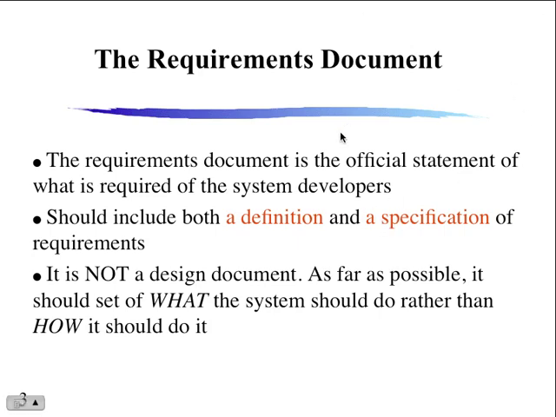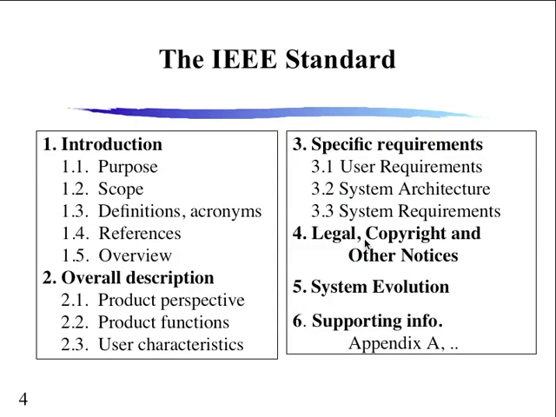In the real world, you'd want a specification as well, for the developers to do the how from the what. The definition is more for the end user, more for the business world, to know what it is that you actually are building. So it's not a design document. As far as possible, it says what instead of how.